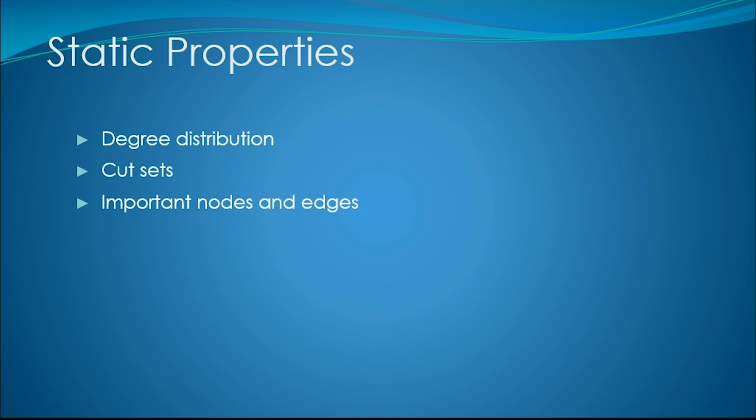Static properties may be, for example, the degrees of each of the nodes in a network. You are familiar with the degree of a node? It is the number of nodes connected to it. And cuts, that we have seen. And again, we may be interested in which are the most important nodes or which are the most important connections in the network.